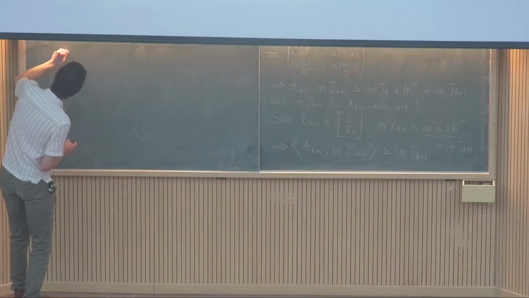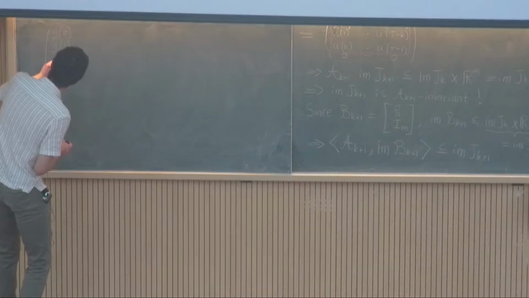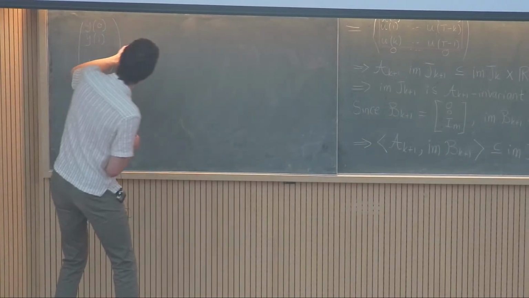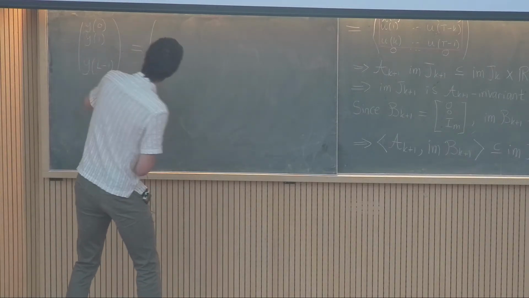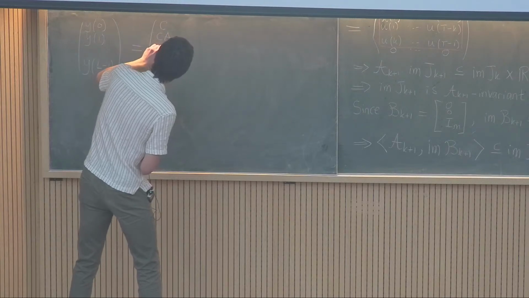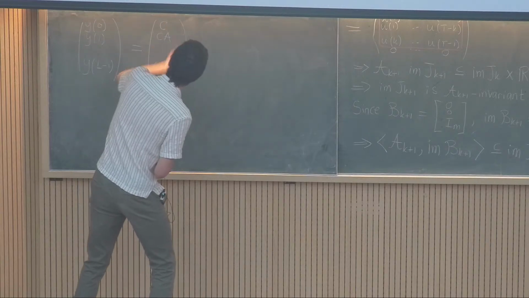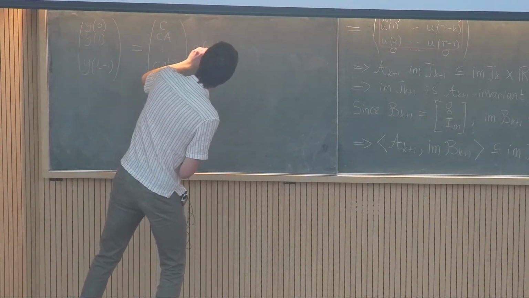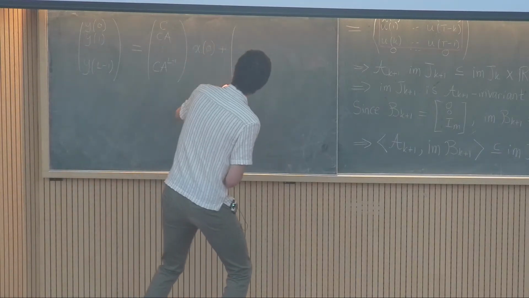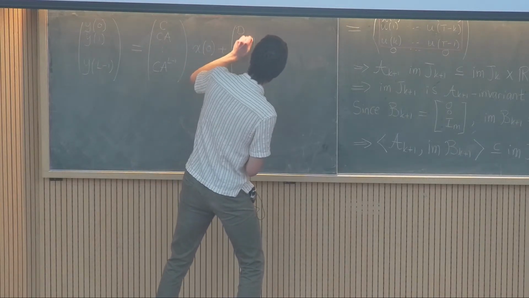If I just look at the vector of outputs, let's say like this, this is related to the observability matrix times the initial state of your system, plus what is known as a Toeplitz matrix of Markov parameters.